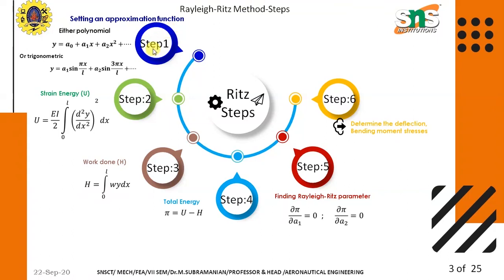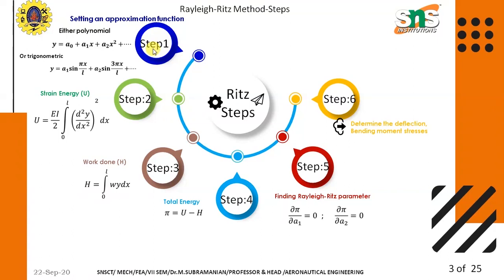Totally there are 6 steps. The first step is we have to set the approximate solution, either a polynomial series or trigonometric. Then we have to determine the strain energy equation, then the work done, then the total potential energy is strain energy minus work done on the system.